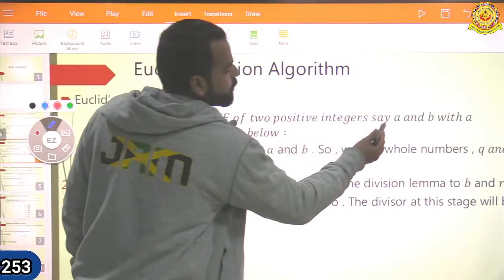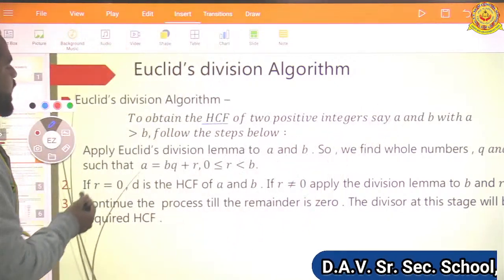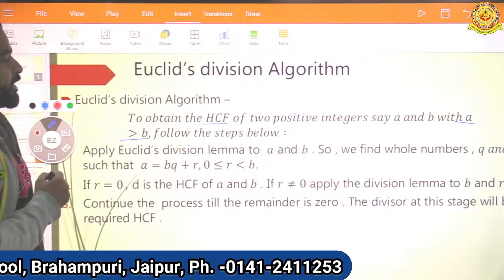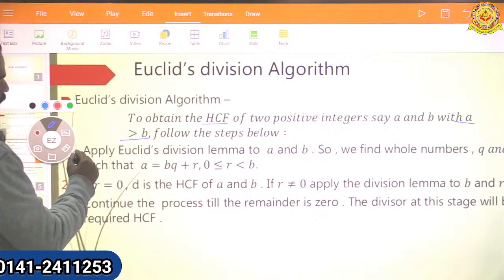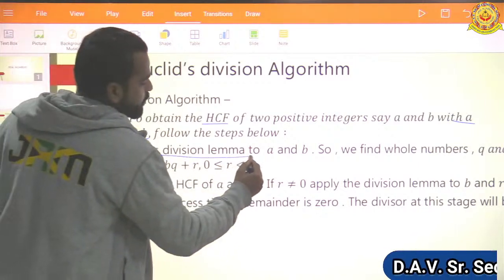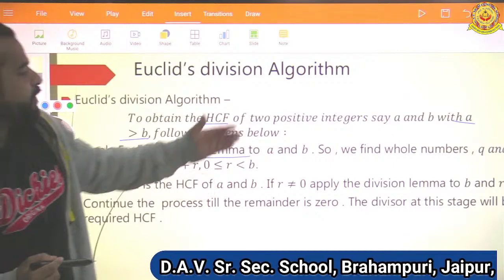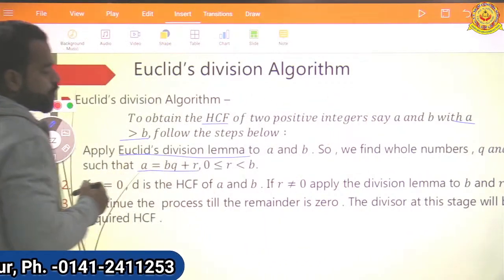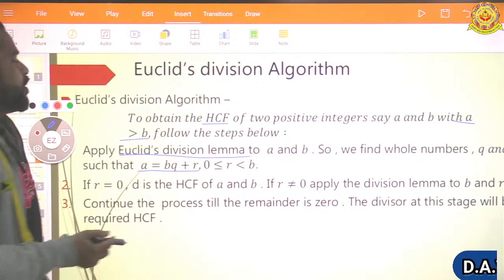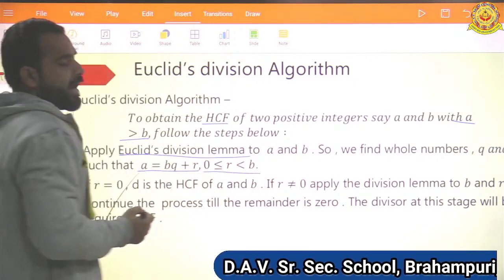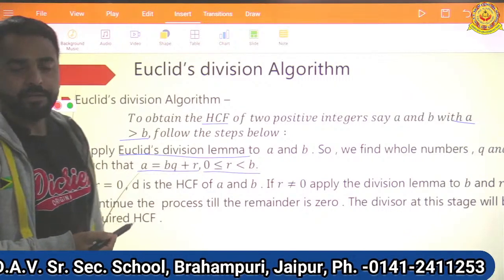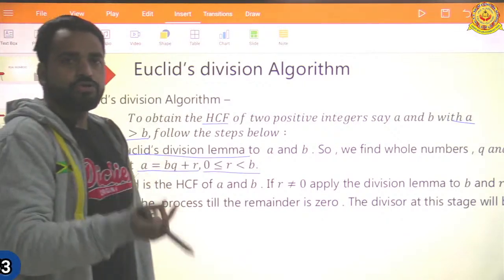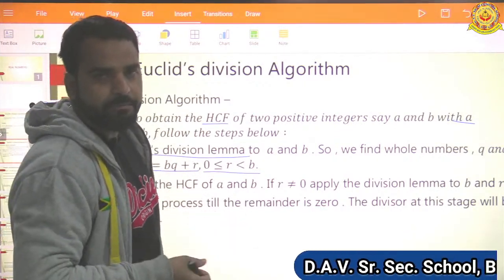The HCF of two positive integers A and B, with A greater than B, following these steps: apply the Euclid division algorithm to A and B. So we find whole numbers Q and R such that they satisfy the equation A is equal to BQ plus R, where R is equal to or greater than 0 but less than B. So we studied how we will apply the Euclid division algorithm in a particular question where the two numbers A and B are given.